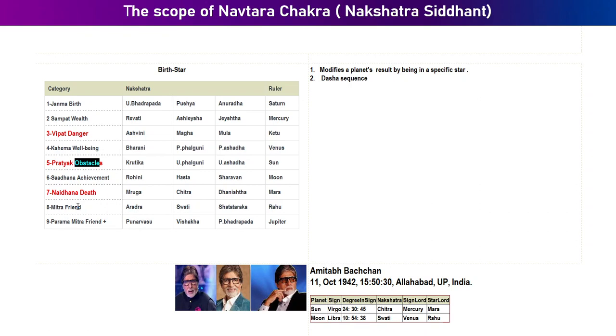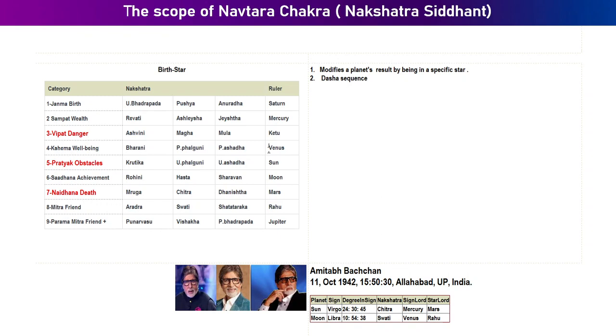And we are not concerned with the star, we are just concerned with the star lord. So let's say if somebody is born with Saturn as the ruler of the birth star, then the Ketu becomes the Vipattara, or the nakshatra or the tara that has a label danger.